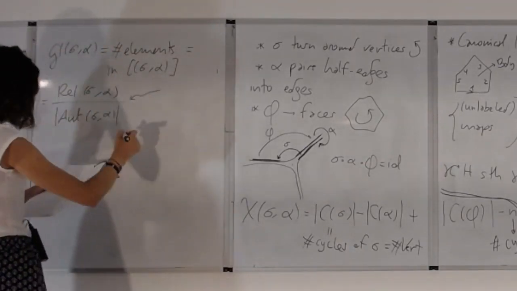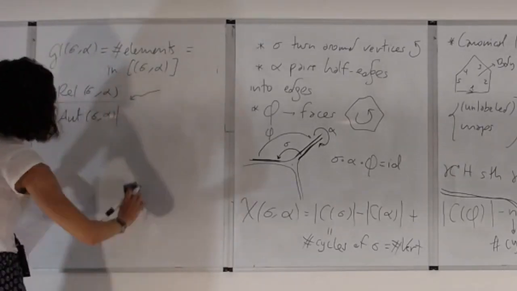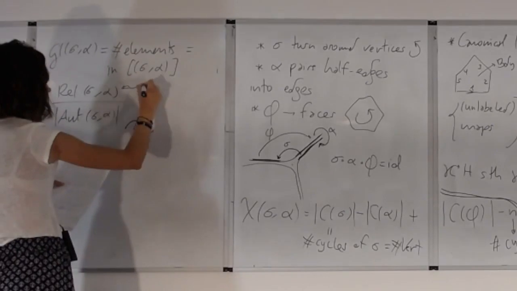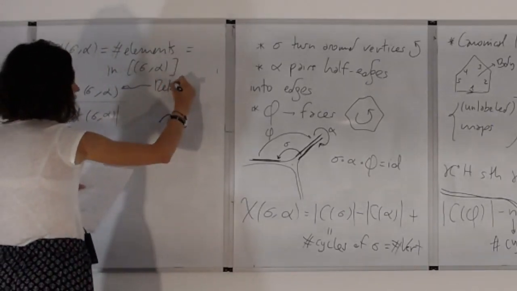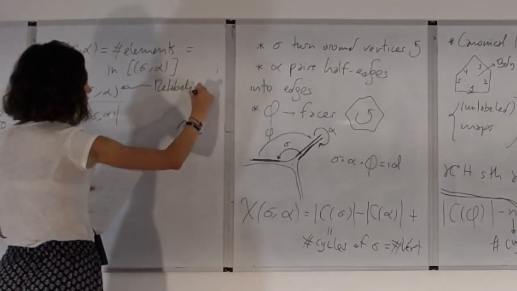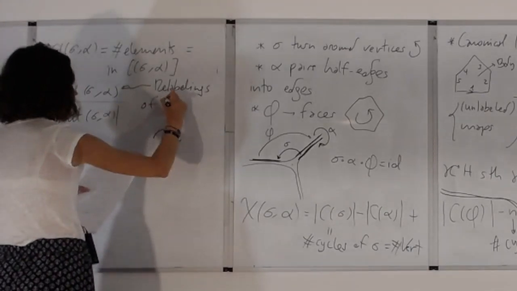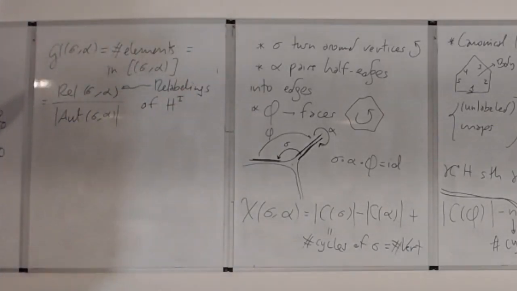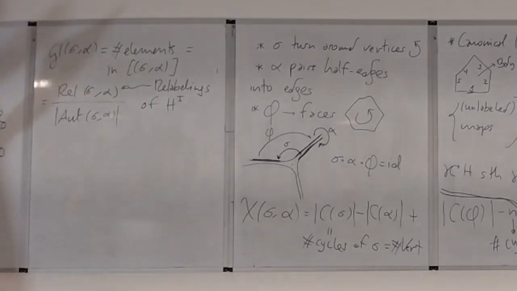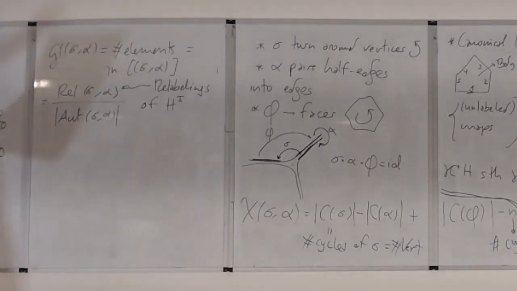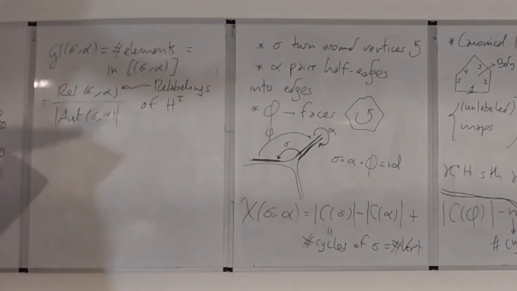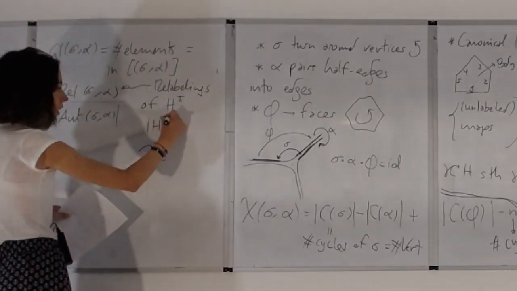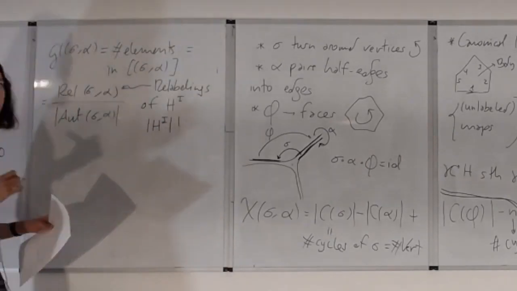I didn't write down what this is. This is just the relabeling of the internal half edges. For example, if we consider labels in the internal half edges that are completely arbitrary, then this would just be the cardinality of the half edges factorial.